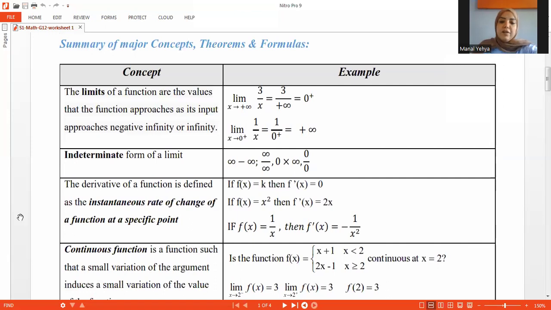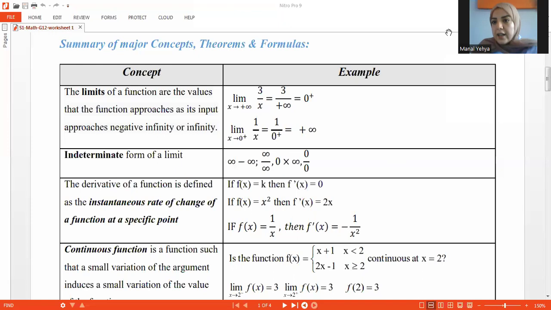The derivative of a function. Let us remember together the rules of the derivative. First of all, as a definition, the derivative is the rate of change of a function at a specific point. The rules of derivatives are, if we have a constant, then its derivative is 0. If we have x squared, the derivative is 2x.